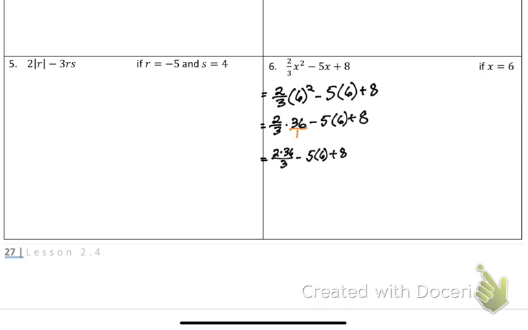Just in case you're unaware, we can do that 2 times 36 on top. 2 times 36 gives me 72 over 3 minus 5 times 6, which is 30, plus not 80, but 8. Did I make any mistakes yet?